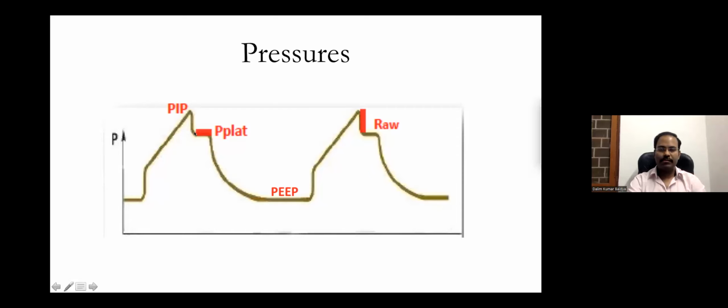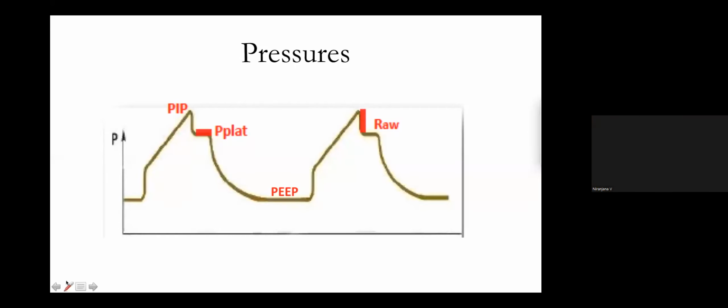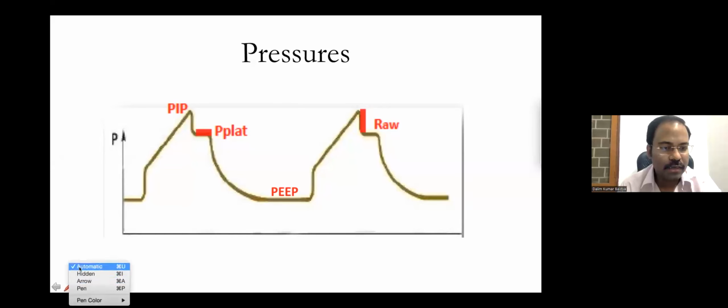If we apply an inspiratory pause, there will be a plateau pressure, and then it will decrease. And if we add positive end expiratory pressure, then the baseline will be above the lower y-axis. Am I audible, and can you see the arrows on the screen?